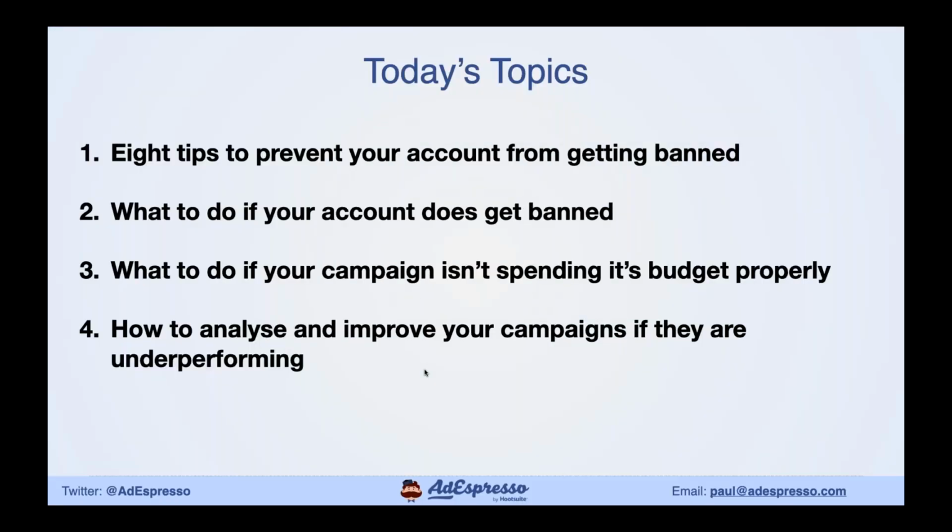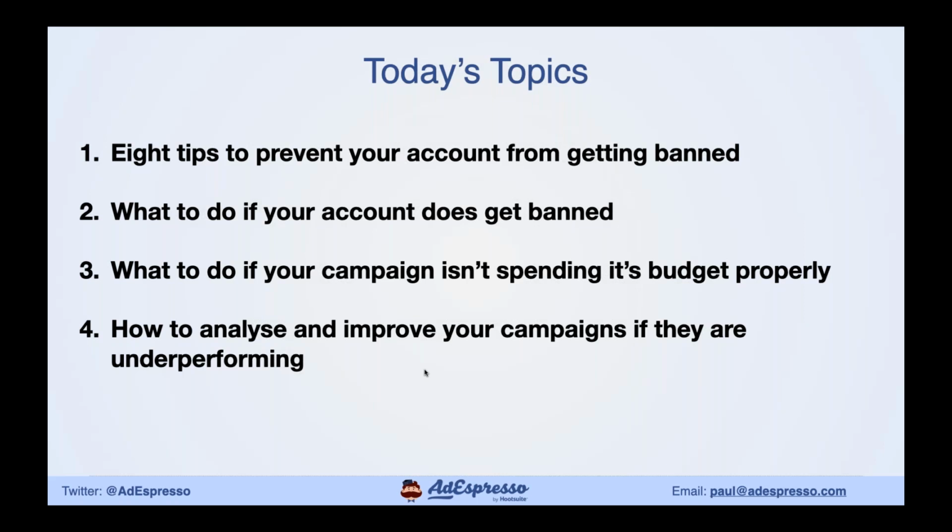So let's dive into today's topics. It's going to be a webinar of two halves. The first half of the webinar is about what happens if your account gets banned. So we're looking at how to prevent a ban in the first place, then what happens if you do get an account rejection. Then the second half of the webinar is going to be switching gears and looking at your campaigns.